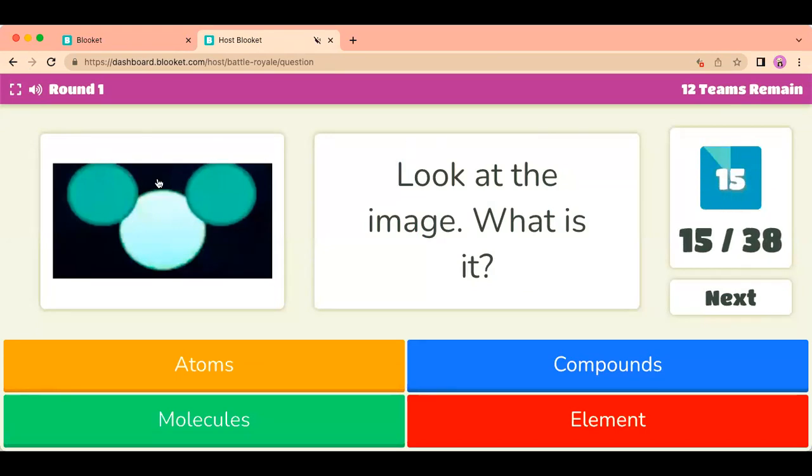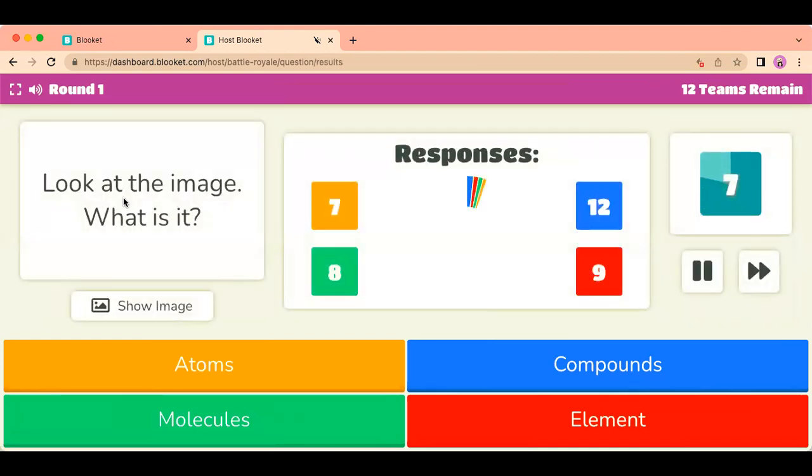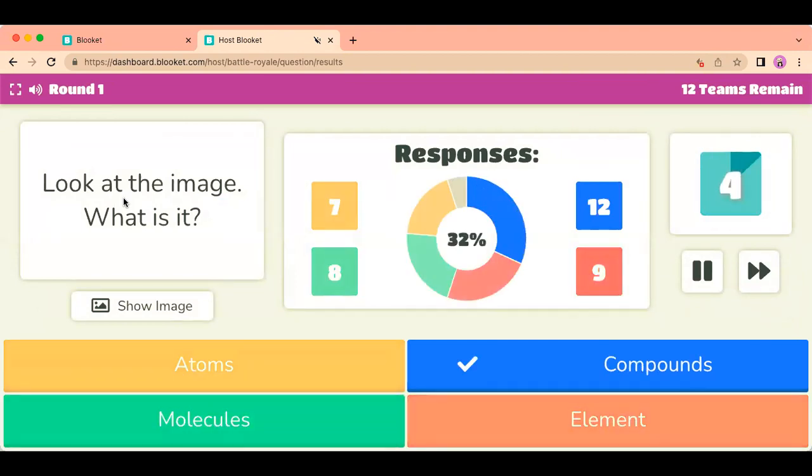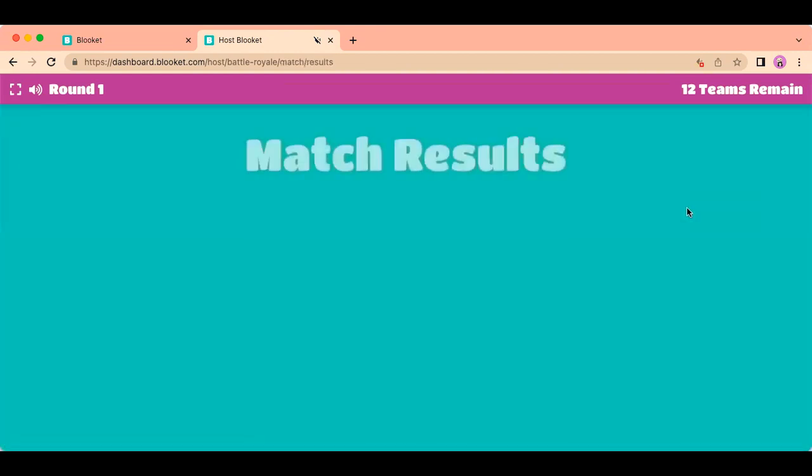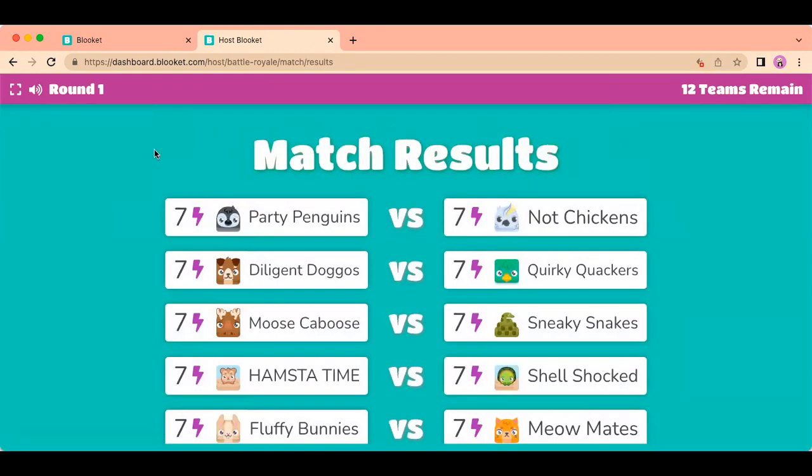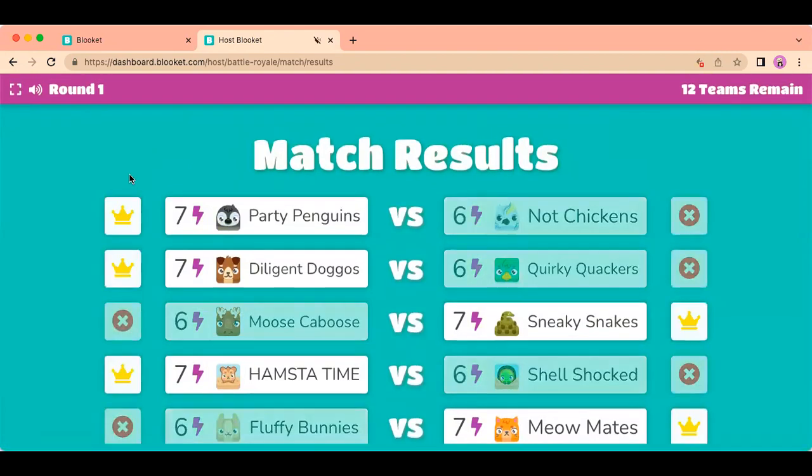Is it an element, compound, or mixture? This very cute Mickey Mouse here. I think I'm more cuter. All right, so let's see. It's a compound, correct. Let's carry on. Okay, match results. Oh, all right, next.